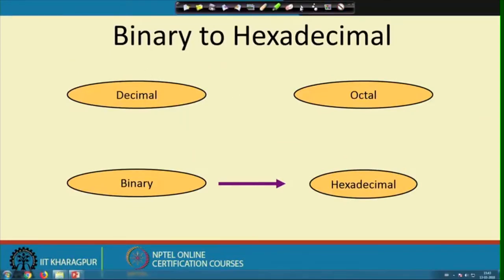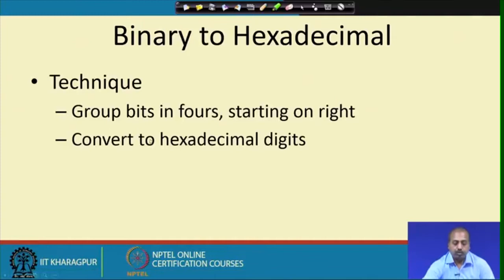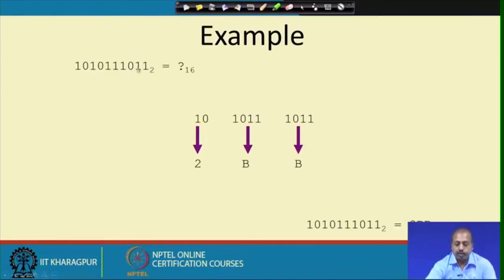If you are going for binary to hexadecimal conversion, here also it is the same thing. But now the grouping that we will do is in terms of 4 bits, starting from the right side, and then the bit pattern groups will be converted to hexadecimal digits. So, we are grouping in terms of 4 bits from the right.